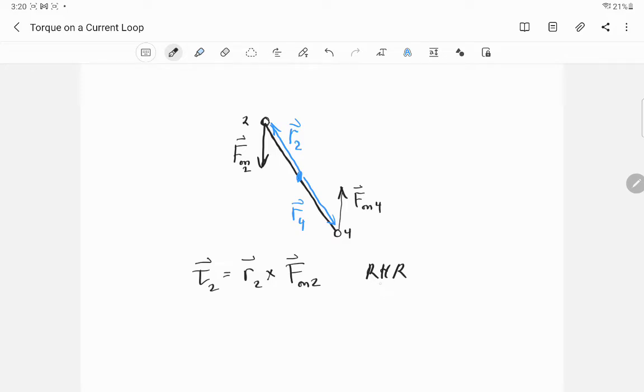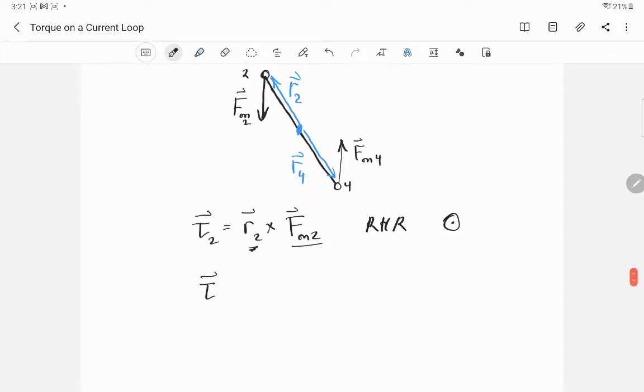By the right-hand rule, you take your right hand and orient your fingers in the direction of R2, and then you rotate your hand until you can comfortably curl your fingers from R2 into the force, the second vector. And that is going to cause your thumb to point out of the screen. So by the right-hand rule, the torque by force 2 at the position R2 is out. This is the direction of the torque, right?